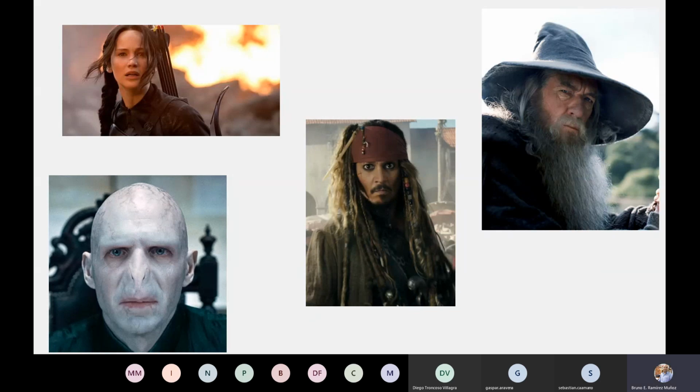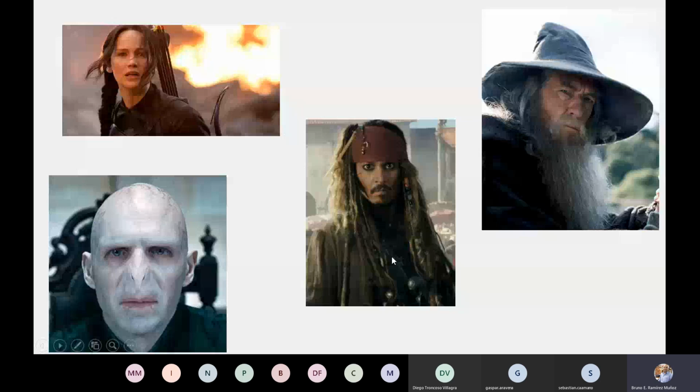First, do you know these movie characters? Yes, but not at all. Okay. And what can you say to describe, for example, the character in the middle?